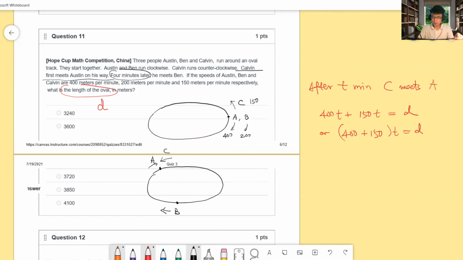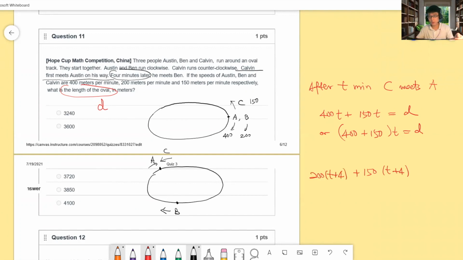Sorry. So here, Calvin has speed 150, times t plus 4, and Ben has speed 200, times t plus 4.